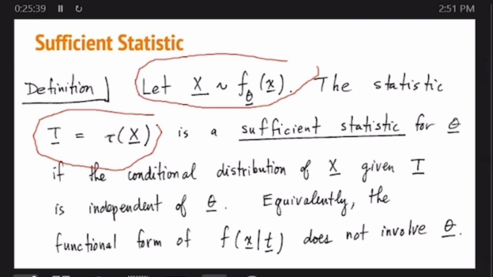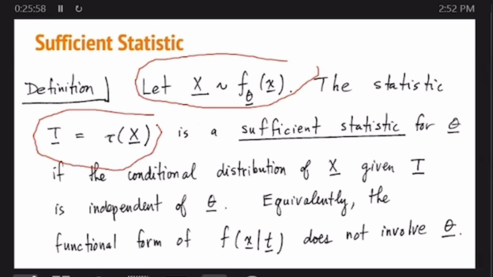But how can we demonstrate that mathematically? We're going to say that if the conditional distribution of the raw measurement given the sufficient statistic is independent of theta... What do I mean by independent of theta?